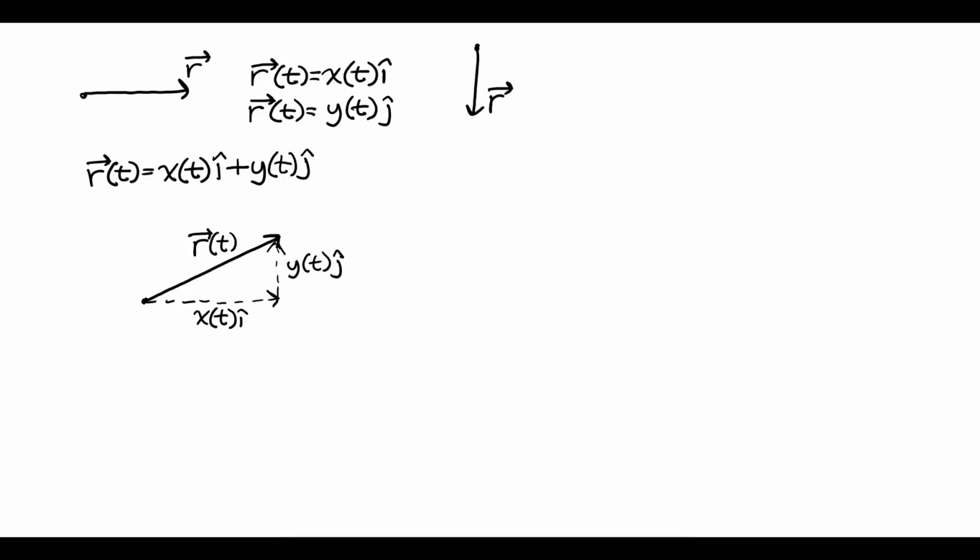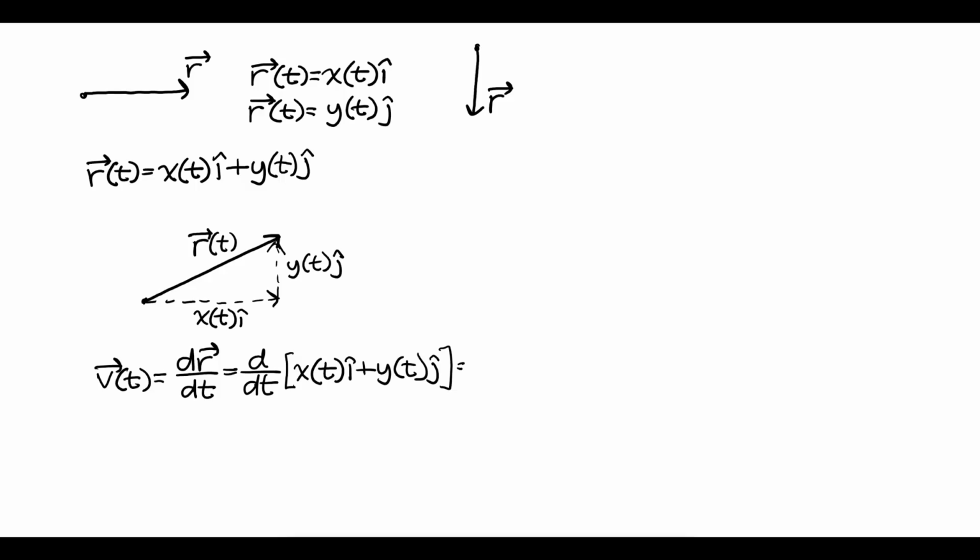What about velocity? Velocity is the derivative of the position. We showed that it is the derivative of the position in the 1D motion video. So what we're going to do is just differentiate this expression over here, x of t i plus y of t j.